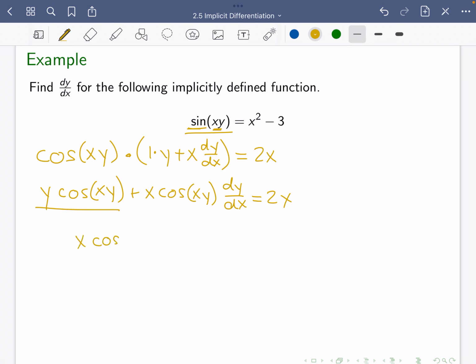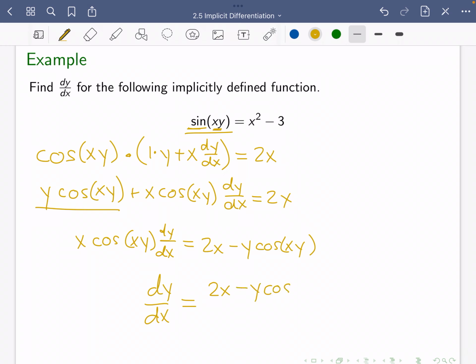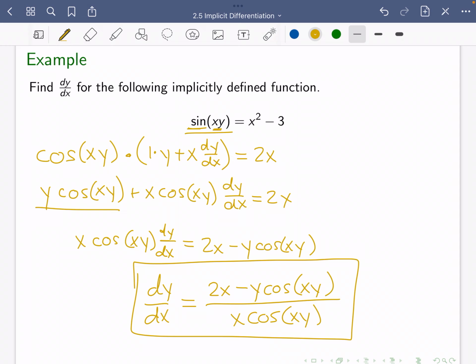So we have x cosine xy dy/dx is equal to 2x minus y cosine xy, and then divide by the x cosine xy to get dy/dx by itself. And that's our derivative. We found it implicitly.